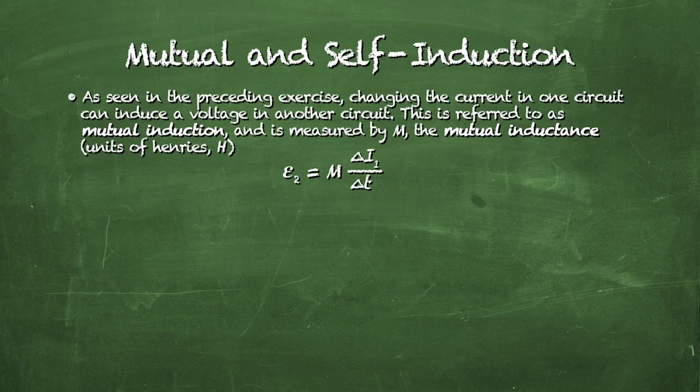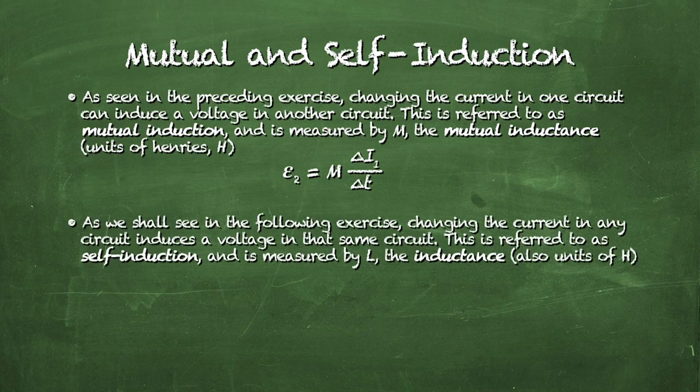So we know everything that we need to calculate the mutual inductance using this equation, E2 is equal to M times change in I1 over change in time. We're not going to do that, but we could do that.